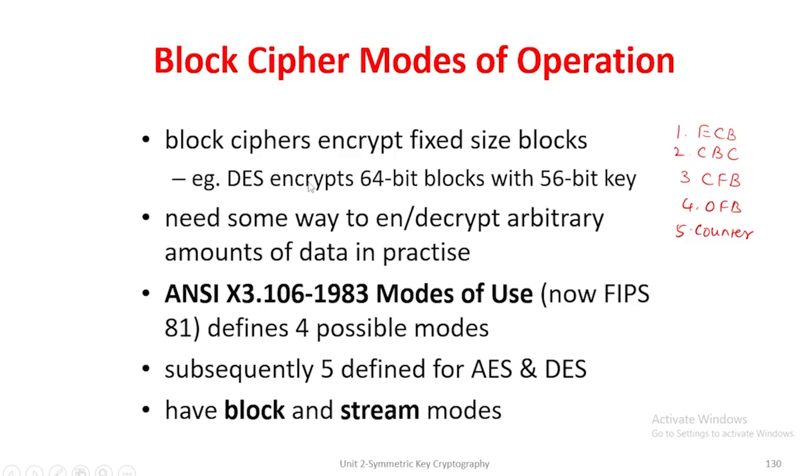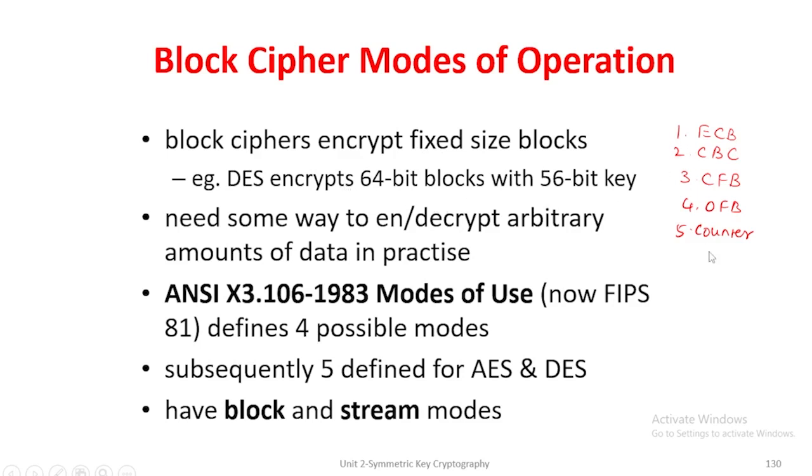To avoid this situation, we shift to different modes of operation in which the plaintext is divided into equal-size blocks, and for all the blocks we can implement these three algorithms individually.